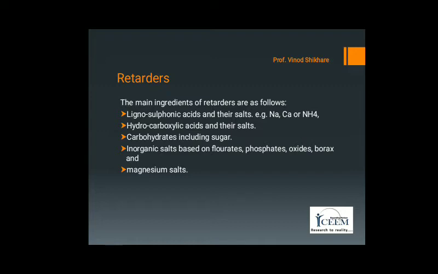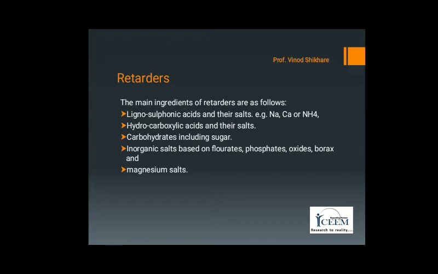Instead of adding retarders separately, retarders are mixed with plasticizer or superplasticizer at the time of commercial production of concrete. Such commercial brand is known as retarding plasticizers or retarding superplasticizers.